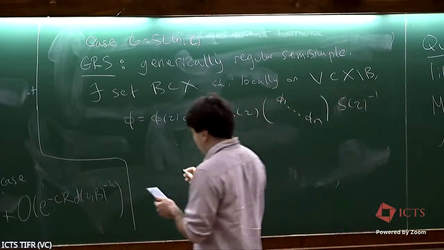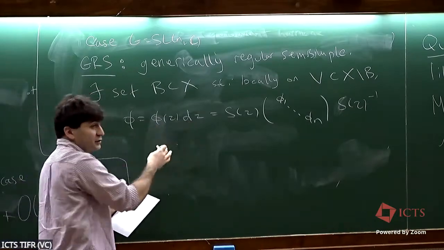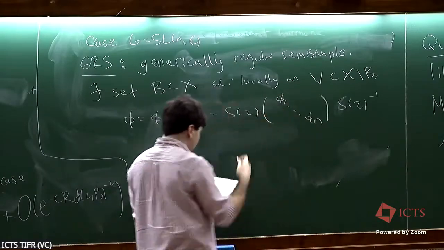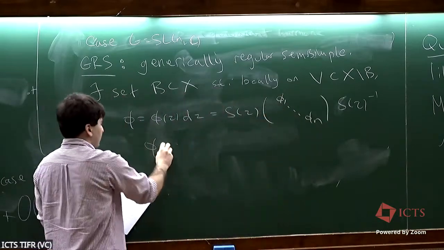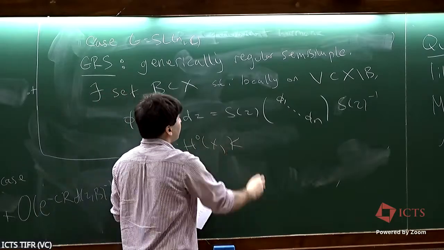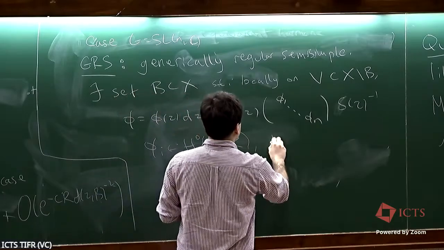So here, phi is just a holomorphic matrix in z with a dz attached, and so you can diagonalize it, and the diagonal entries become one forms. And so these are one forms on X, and really generically semi-simple means you can do this, and generically regular semi-simple means they're distinct.